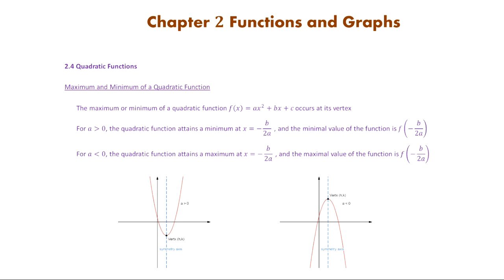So the vertex x equal to negative b over 2a, or h equal to negative b over 2a, and then you just find the maximum value of the function by plugging h equals negative b over 2a for x in the function itself. So that's just f of h, or f of negative b over 2a. Okay. Any questions?